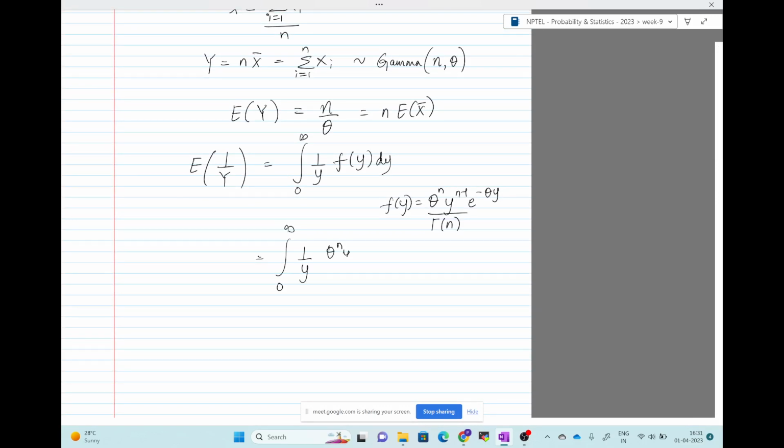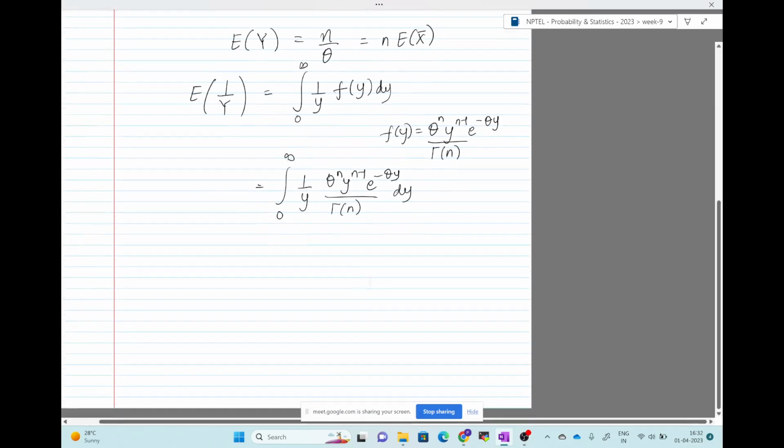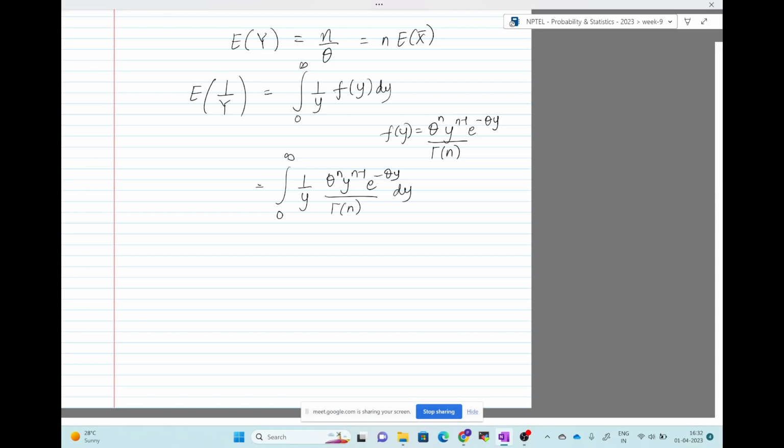Theta power n, y power n. So this y can be taken out from here.